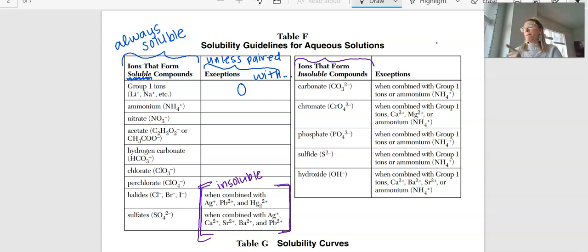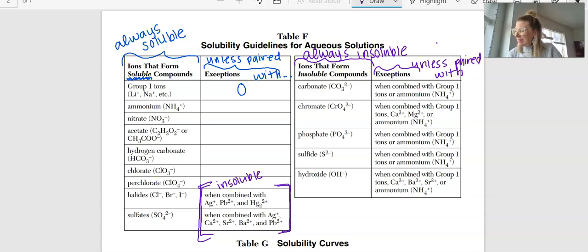Now our right-hand side over here is slightly different because these are ions that are always insoluble, again, unless paired with these. So for example, carbonates are always insoluble. If you have something that is a carbonate, it's going to be insoluble unless it is paired with a group 1 ion or ammonium.